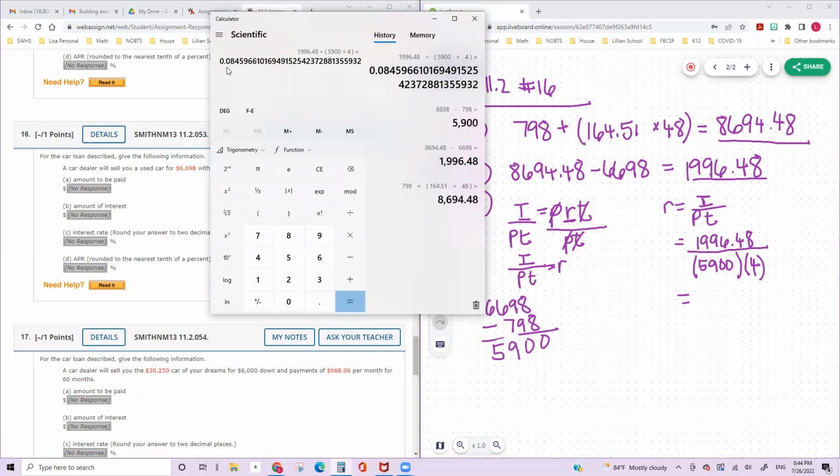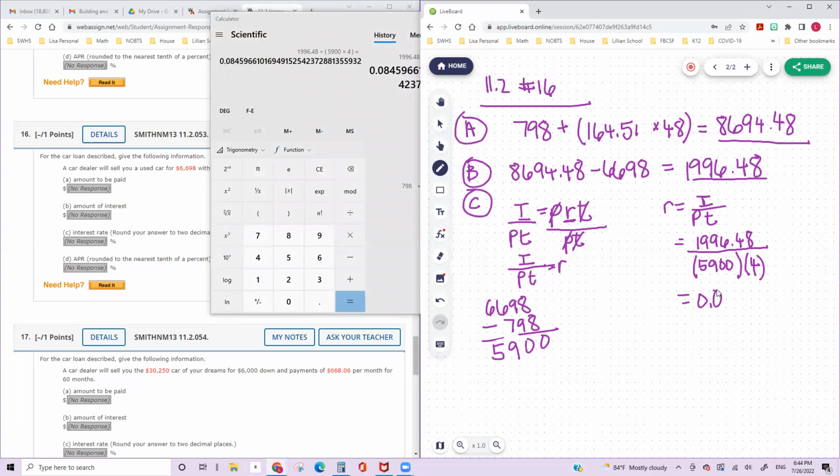So you're actually going to go out 4 decimal places: 0.0846. Remember, when you turn this into a percentage, you've got to move it. So this would be 8.46%. Okay, so that's your interest rate.